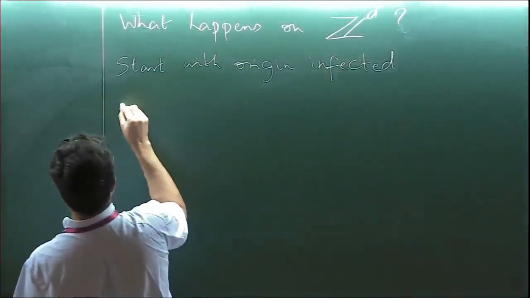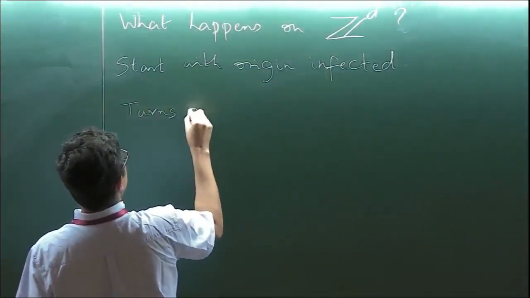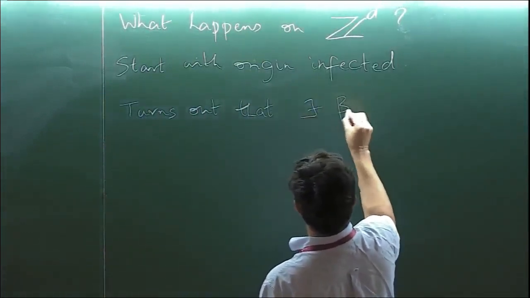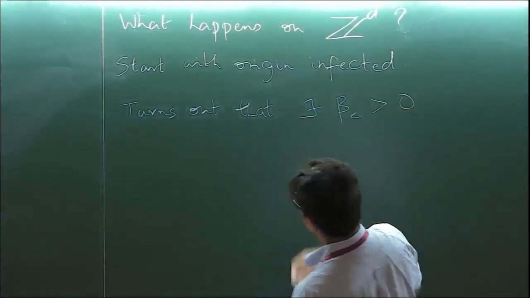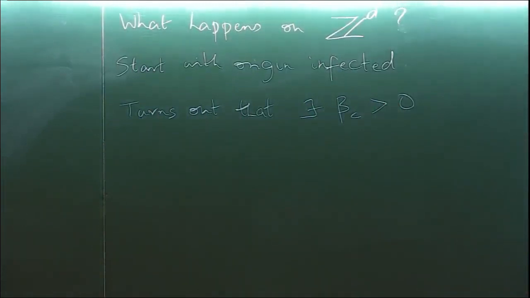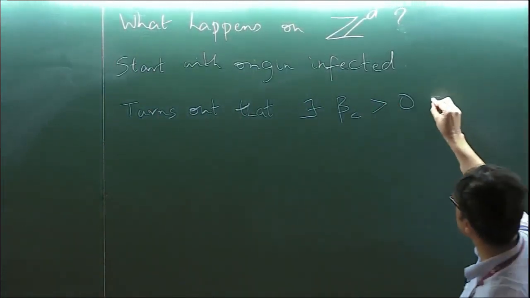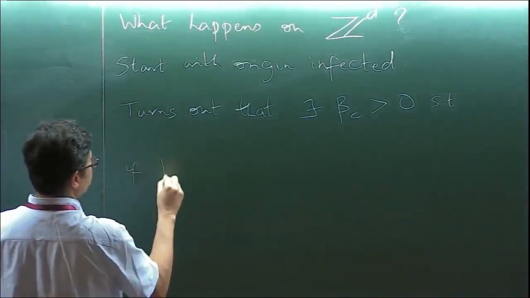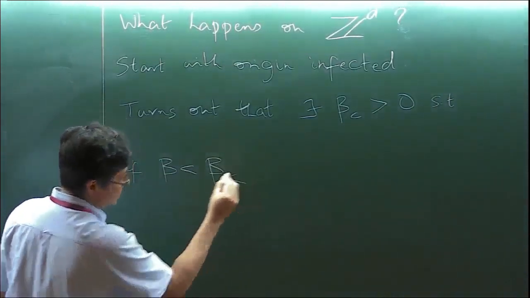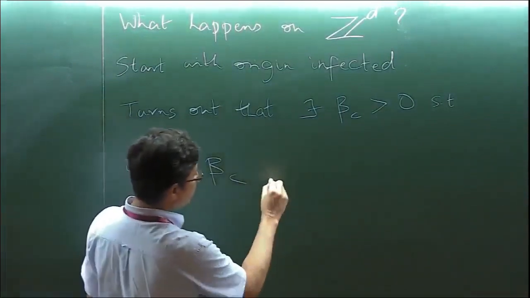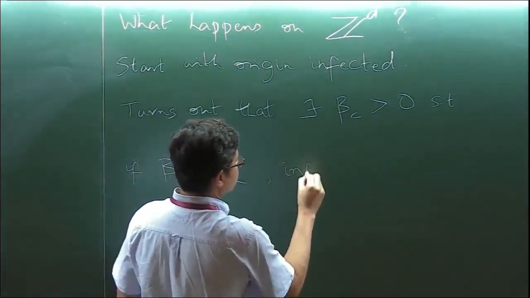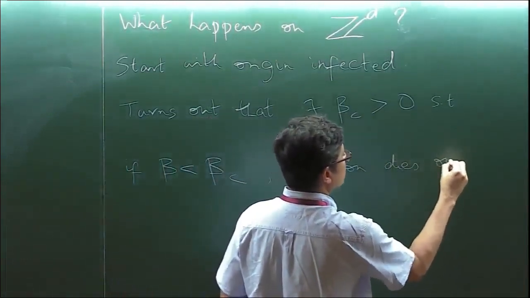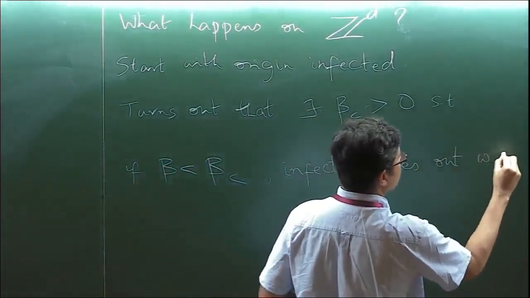Okay, so it turns out there is some positive constant beta critical such that if beta is smaller than beta critical, infection dies out with probability 1.